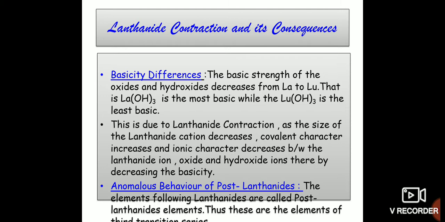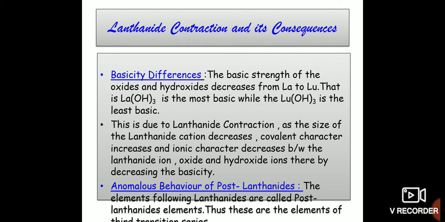As the atomic number increases across the period, the ionic size also decreases. So when we go from lanthanum to lutetium, the lanthanide cation size decreases.